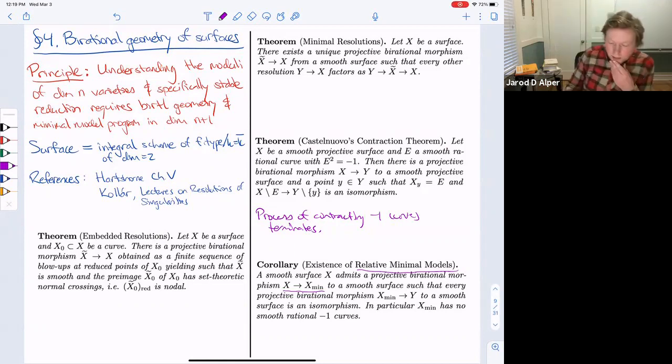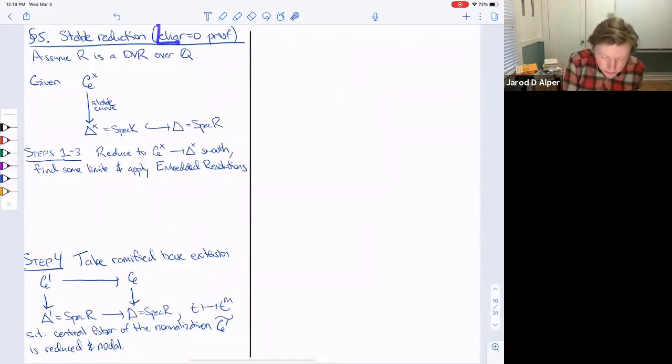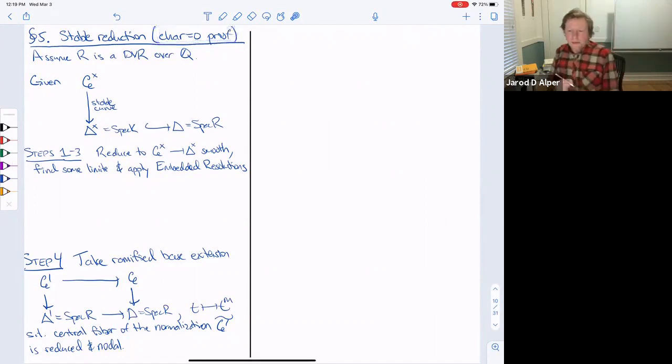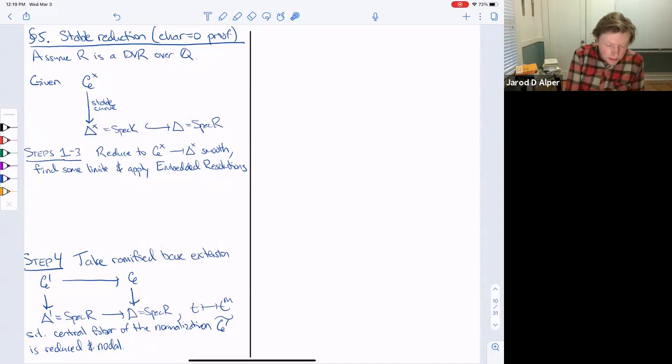Okay, so back to the proof. So here's a proof of stable reduction, and I'd like to highlight that we're giving a proof in characteristic 0. Okay, so our setup again is we have a family of curves over Spec K, and the first 3 steps I think we're comfortable with. They involved reducing to the smooth case, finding some possibly horribly singular limit, and then applying embedded resolutions.